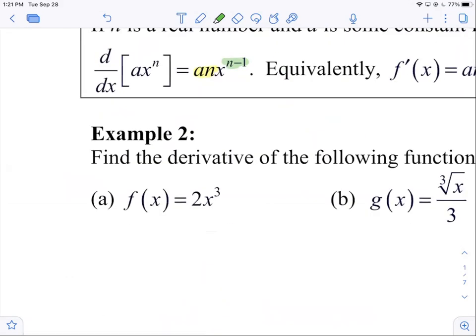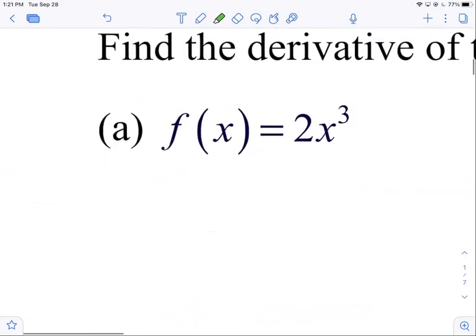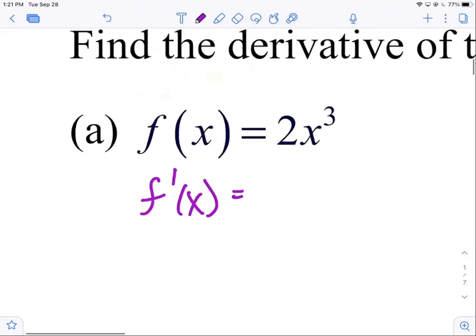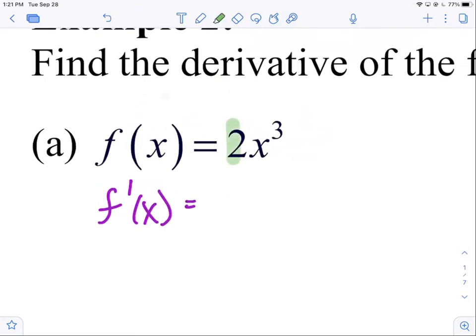Let's try it out. Find the derivative of each of the following functions. If f of x is equal to 2x cubed, what's the derivative of the left side? F prime of x. The left side is f. What's the derivative of f? F prime. Notation. Okay, now, on the right side, is it written in the form a x to the nth power?